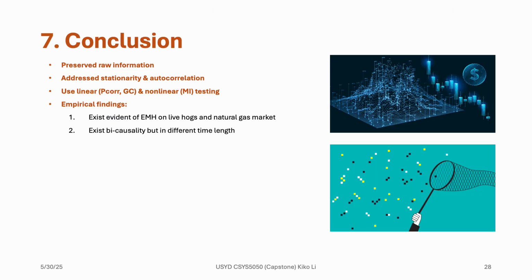Now we come to the final part of the presentation, the conclusion. In this research, I studied the lead-lag relationship between future and spot price to test the efficient market hypothesis. Because I don't want to lose any significant movements in price changes in the two markets, I chose to apply raw data, which could preserve the whole information.